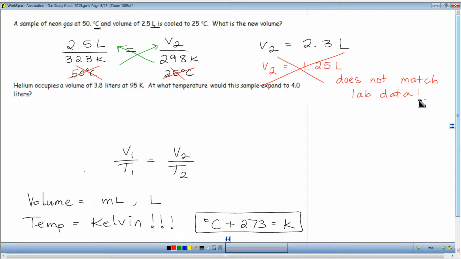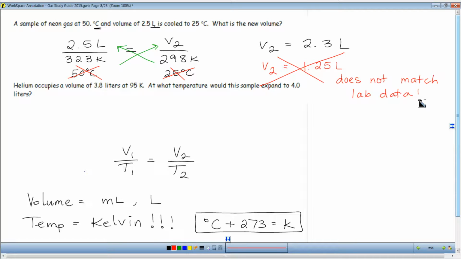If the Celsius temperature doubles, the volume will not double. It'll increase, but not double. Now, if the question said that the Kelvin temperature doubles, then bingo, you got it. The volume will double. So you just have to watch the wording.